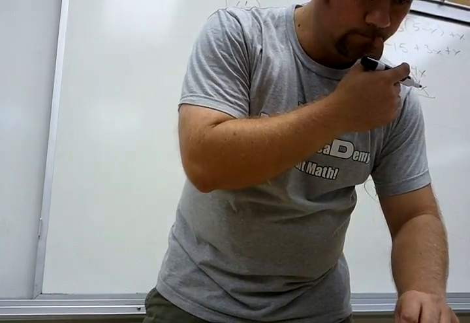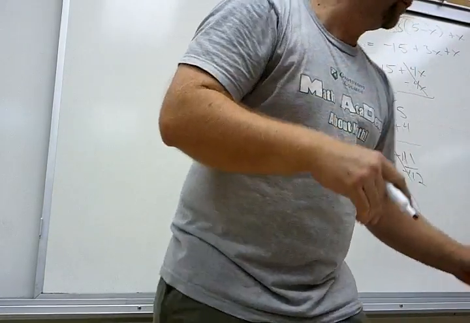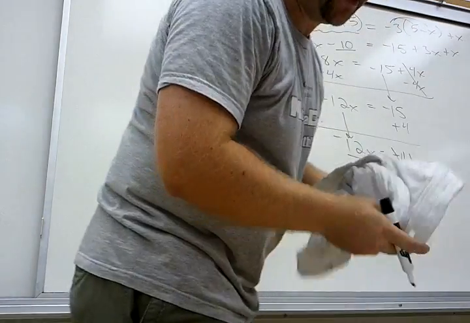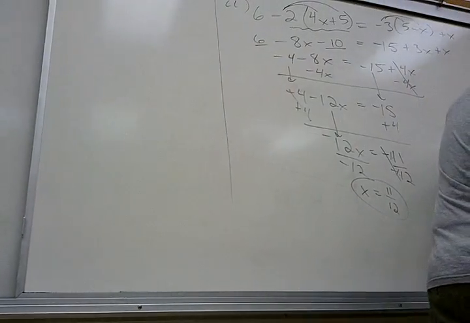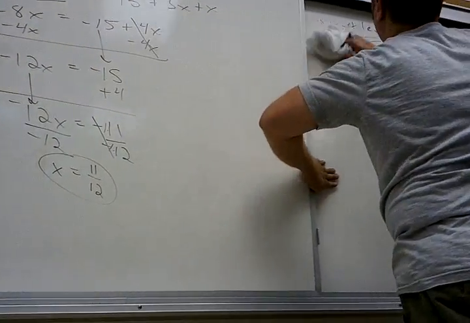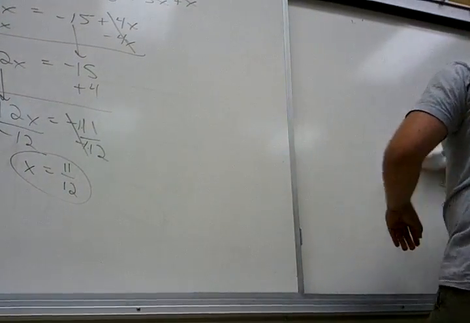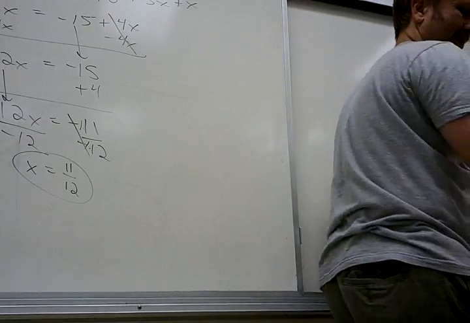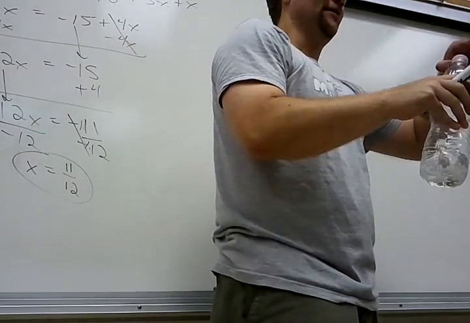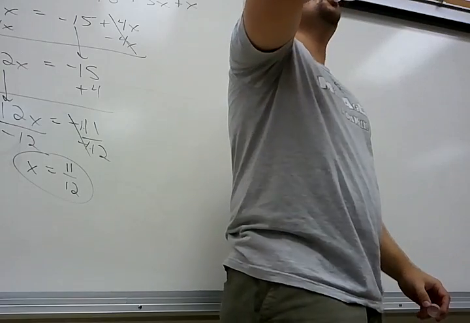So here's the last level we're going to talk about now. What do you do when you have either fractions or decimals in an equation? Round. I always want the exact answer, so.